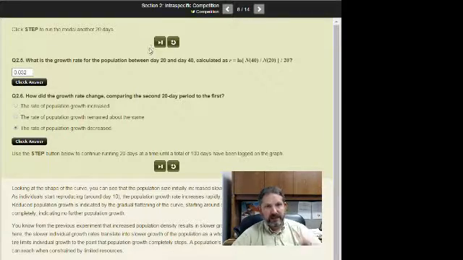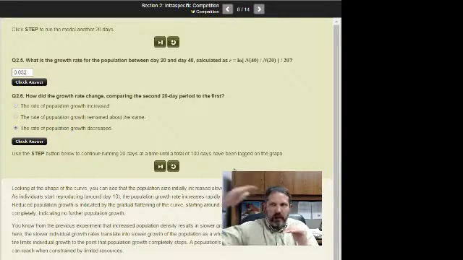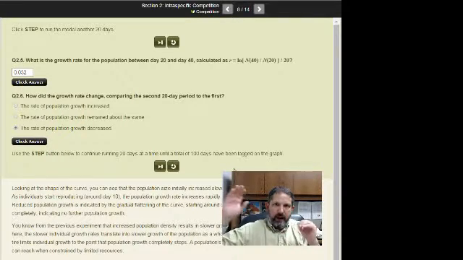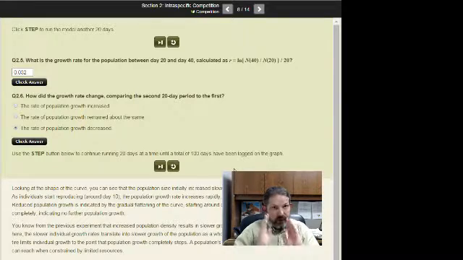But just know that it's the same thing. It's calculating it this way. All you're doing in this instance is looking at how many did I have here, how many did I have later, and calculating R from that, as opposed to keeping track of how many are being born and how many are dying, which is a much harder number.